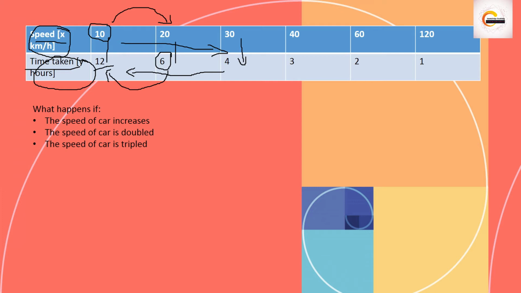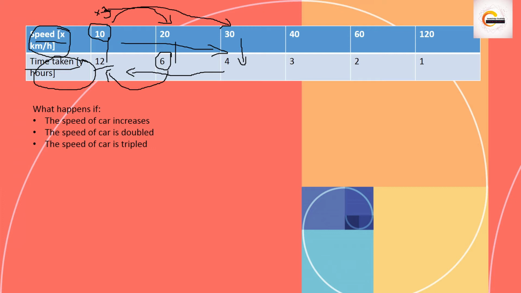Now another case: if the speed of the car is tripled, 10 multiplied by 3 is 30, and its corresponding time is 4.